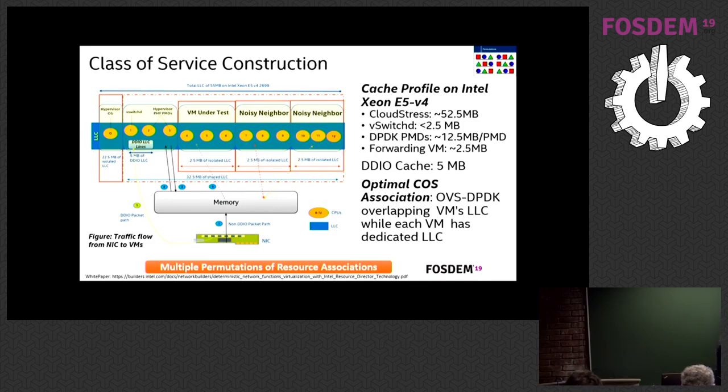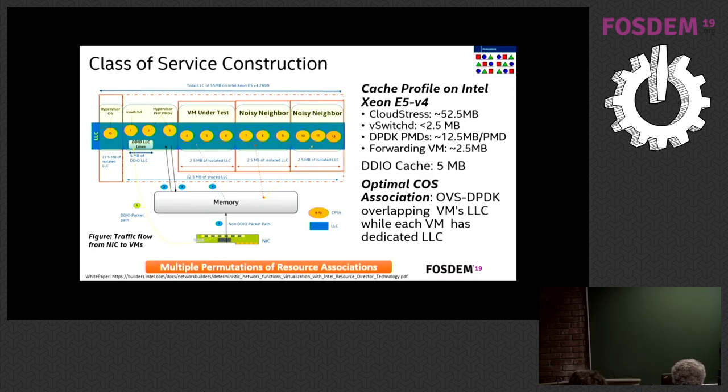And for each of the VMs here, the cloud stress noisy neighbor under idle conditions, out of the 55 MB, can take up to 52.5 MB. So it can take like 95% of your last level cache. That's the main reason that you saw that 33% performance drop. Instead, we constrained it to just 2.5 MB.